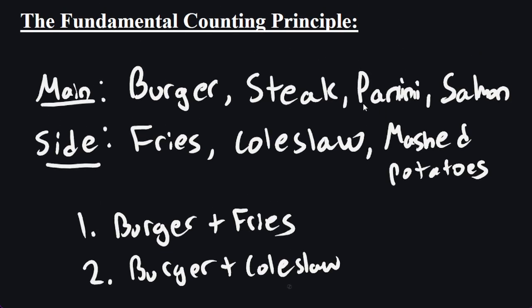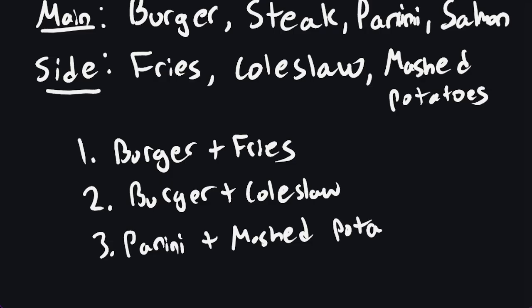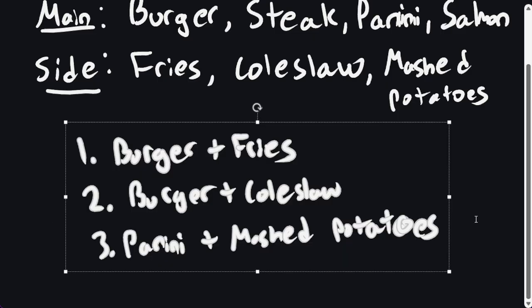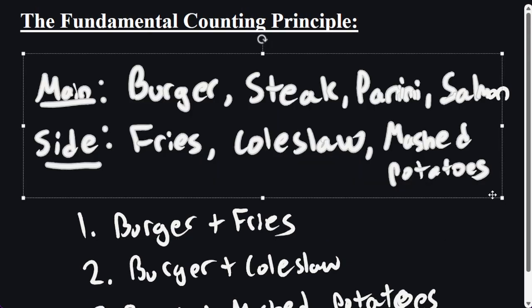Someone could get a panini with mashed potatoes. That's another one. And you see that this list gets very big. So we want to know what is the total number of different meals that we could have given this menu, if we could have one side and one main course.